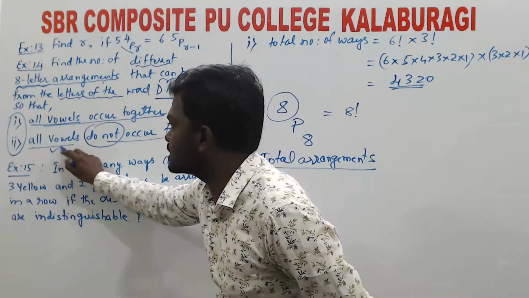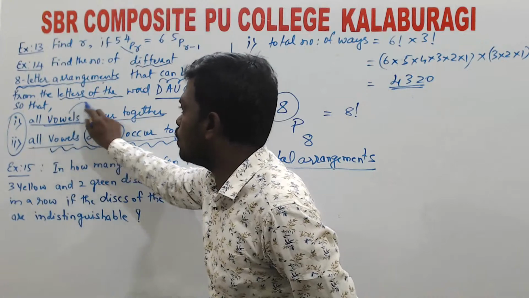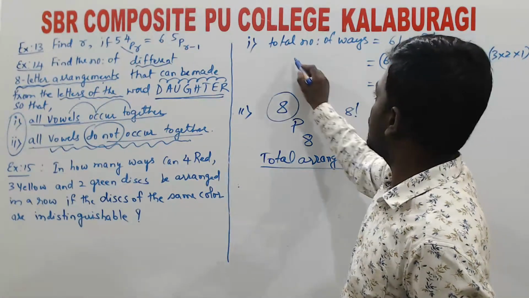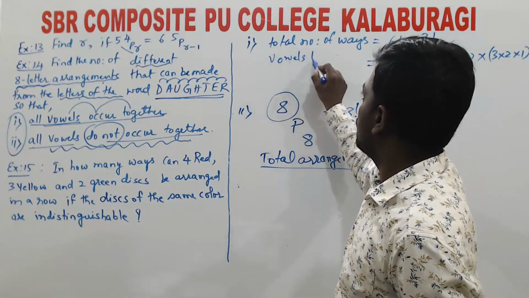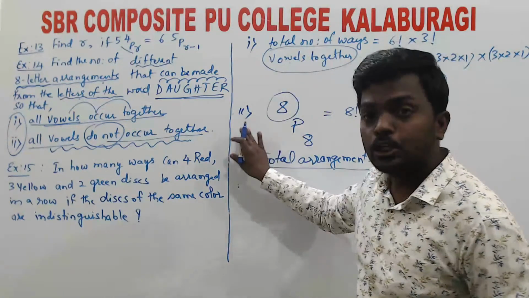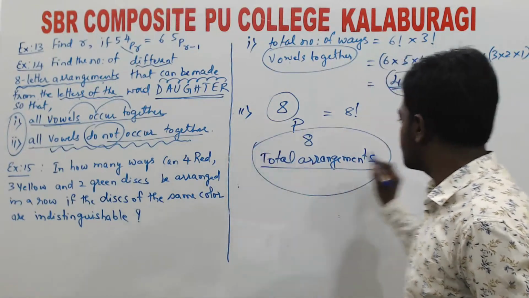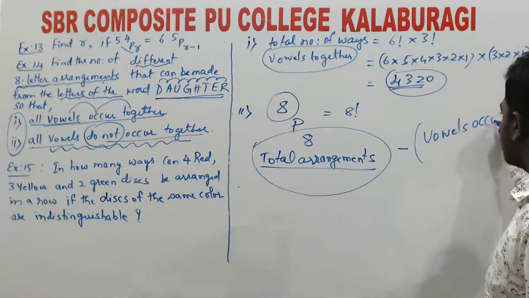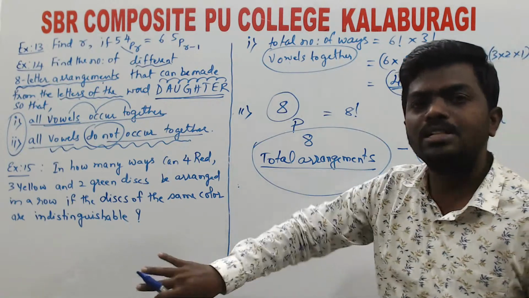But now what they are asking is all vowels do not occur together. The first one was all vowels occur together, which we have solved now. In the total arrangements, just minus the vowels occurring together, remove vowels occurring together.